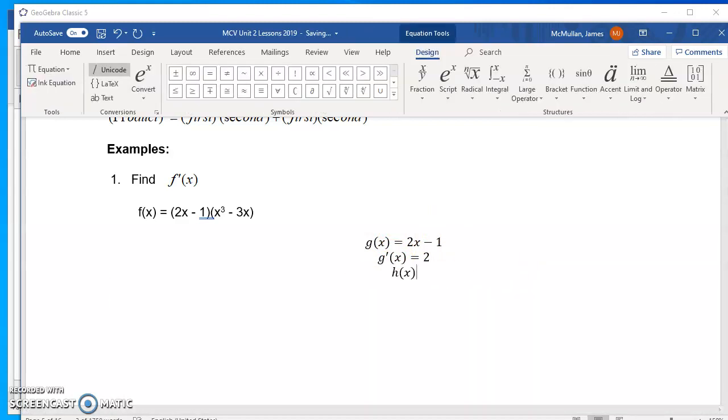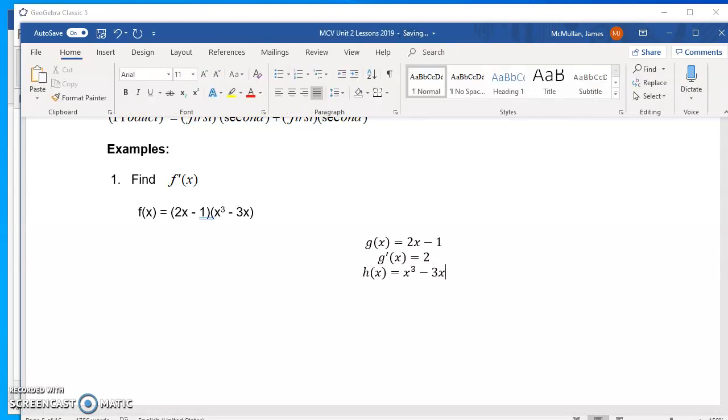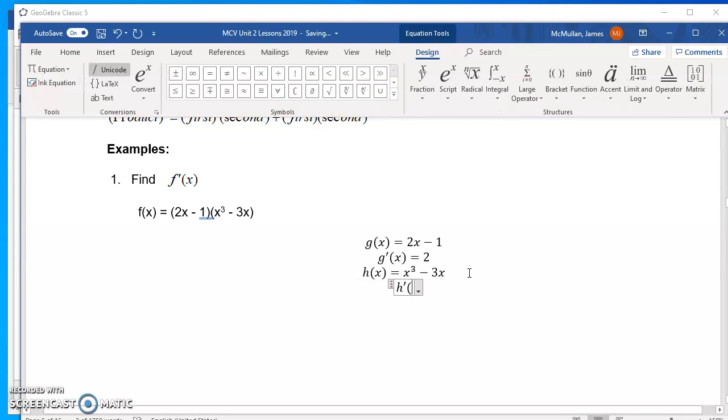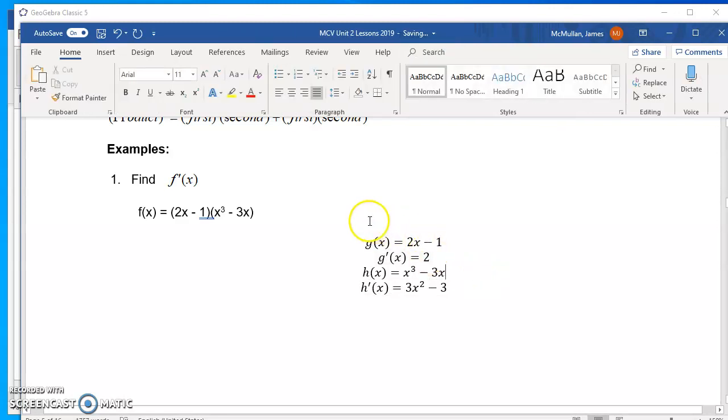Your next function, h, let's say, is x cubed minus 3x, and the derivative h prime would be 3x squared minus 3. So whenever you're doing one of these questions, this is the way I think you should do it. Write down what the four puzzle pieces are. The four puzzle pieces are g, g prime, h, and h prime. And then you just put the puzzle pieces in the correct order.